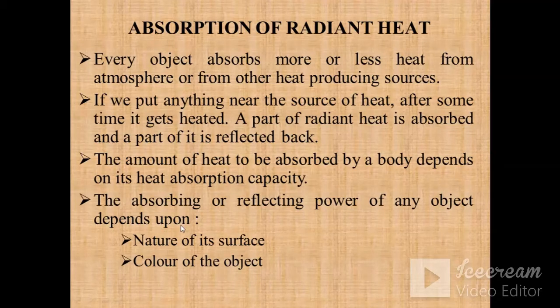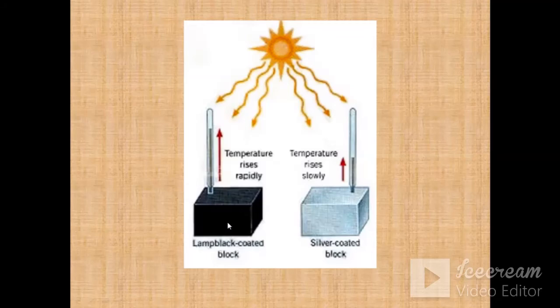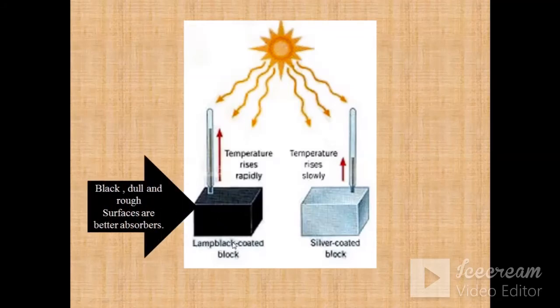So these are the two factors which affect the absorbing or reflecting power of any object. For example, here you can see that a black lamp-coated black block is kept and a mercury thermometer has been kept. When it is placed in the sunlight, the temperature is rising rapidly.